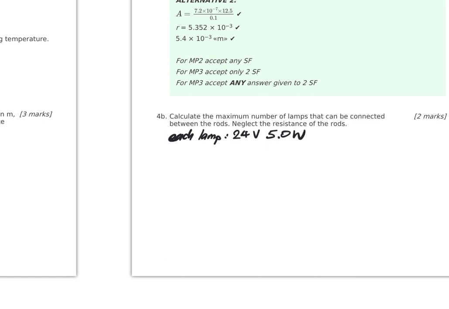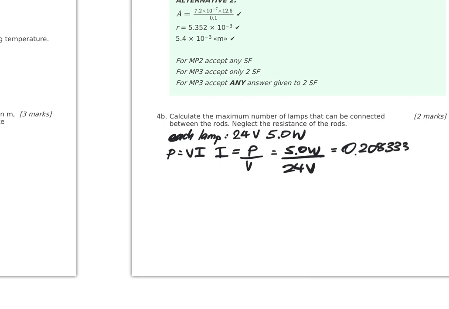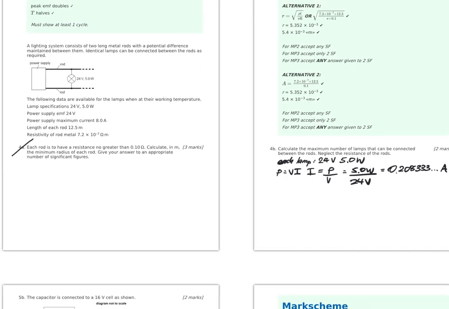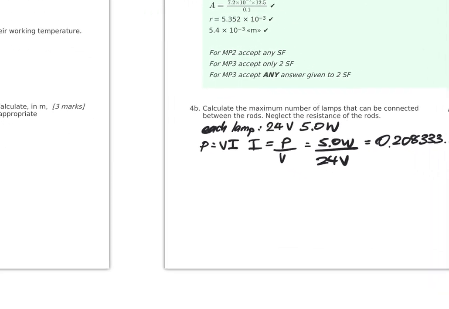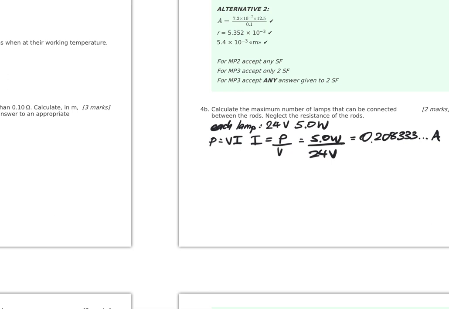So if P equals VI for each lamp, then I is equal to P over V for each lamp. So I have 5 watts over 24 volts, and the current in each lamp is about 0.208 amps. Now it did say that the total power supply current available is 8 amps.